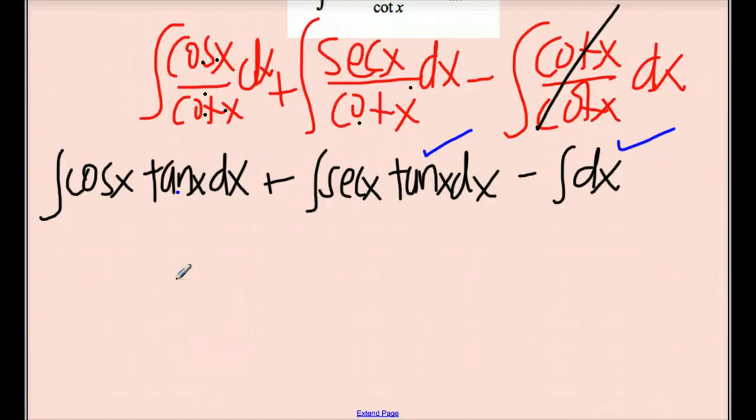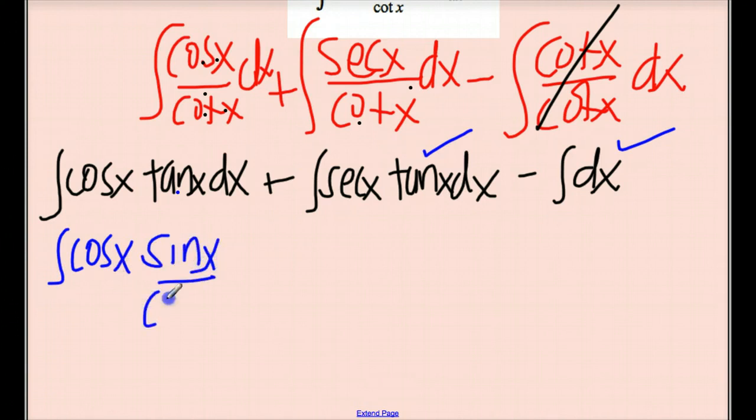So what we'll do is let us rewrite our cosine of x as its other identity, which is a sine of x over cosine of x dx. And if you can see where I'm going with this, these cosines cancel, right? I already know the integral for this, which is going to be my plus secant of x.